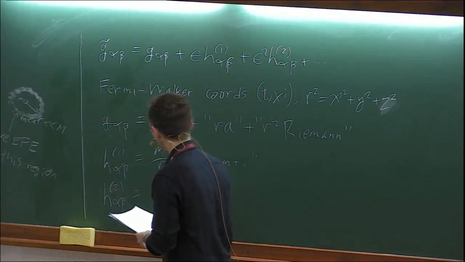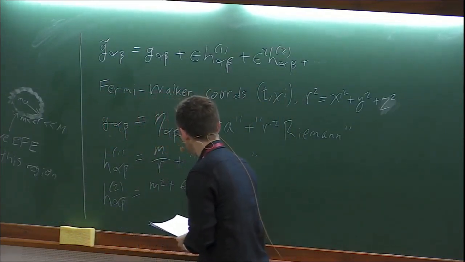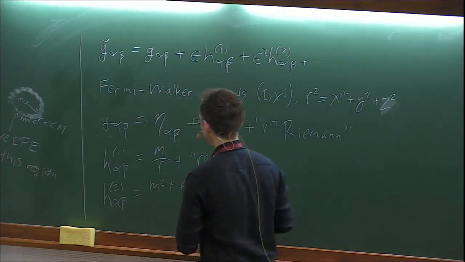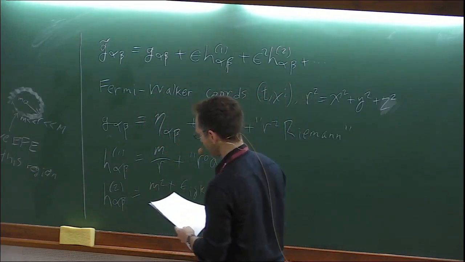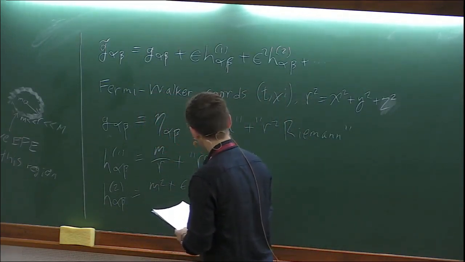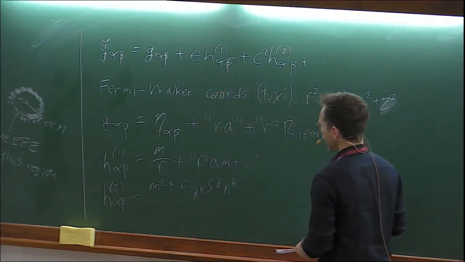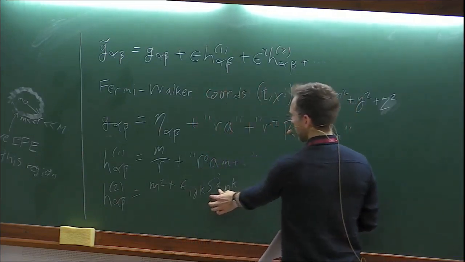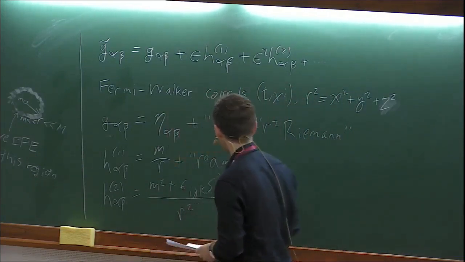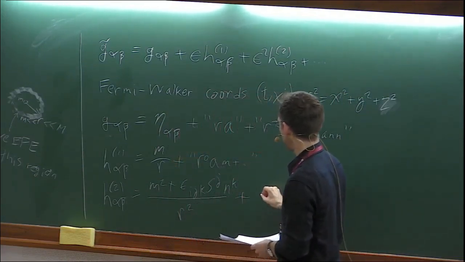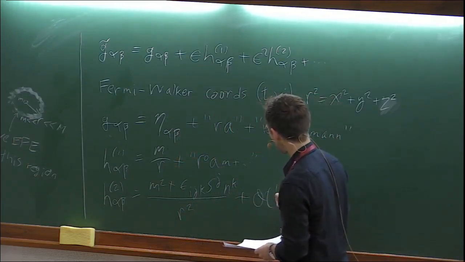And H2 has the form m squared plus epsilon ijk. So I'm kind of melding all the components together here. That's why the indices don't make any sense. But you have mass squared and you have the spin of the small object appearing at order 1 over r squared. And then, well, order 1 over r corrections.